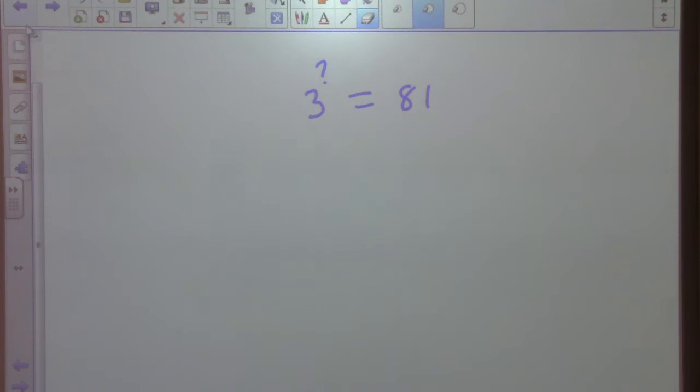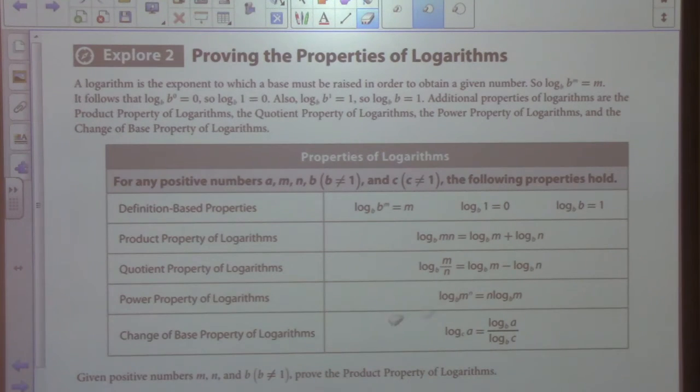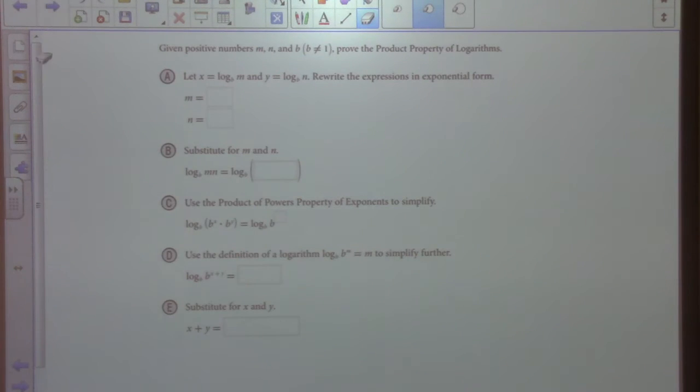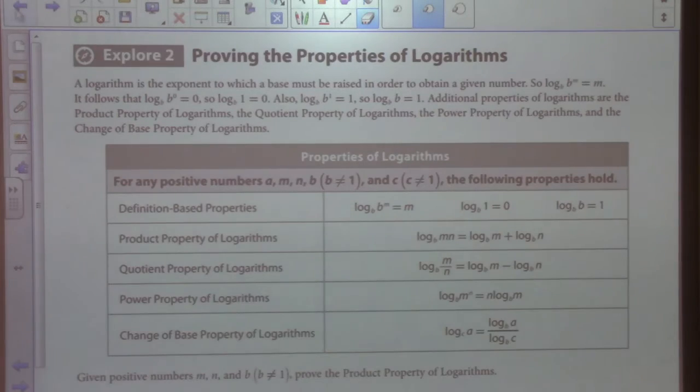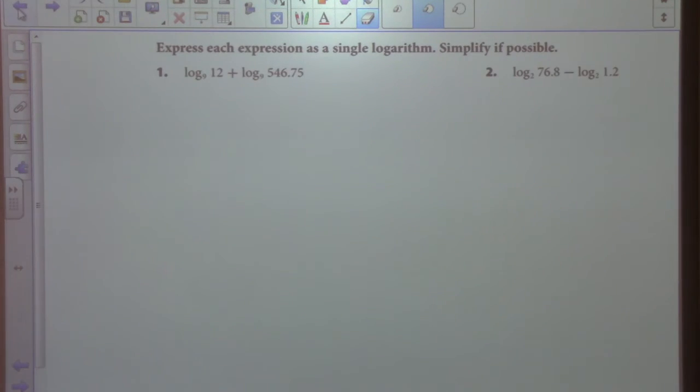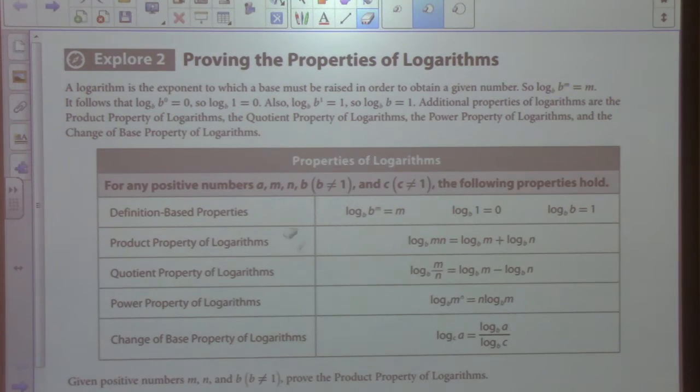Okay, and we're going to be using these exercises here today, these properties, and working out these exercises. Oops, I got it the wrong place. I want to go right to here. There we are. And so what we're going to do is refer back to these exercises and work through a lot of these together today.